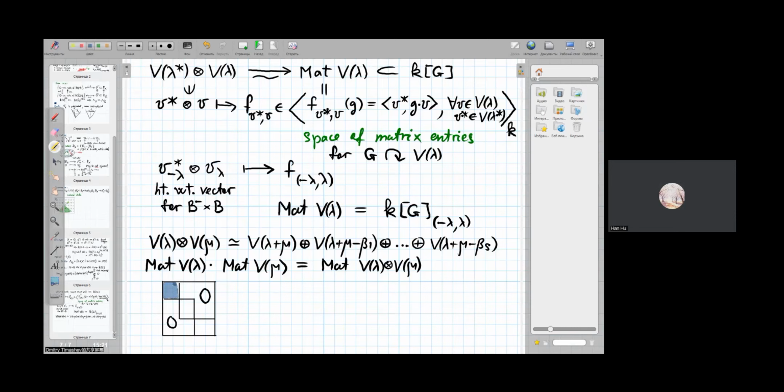These diagonal blocks are just matrices for the representations in the summands of the decomposition of the tensor product.